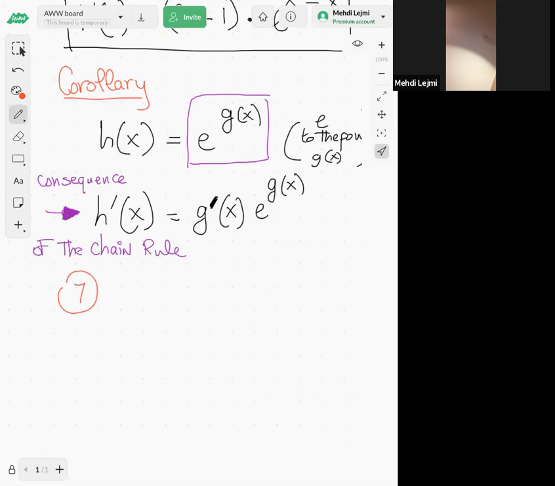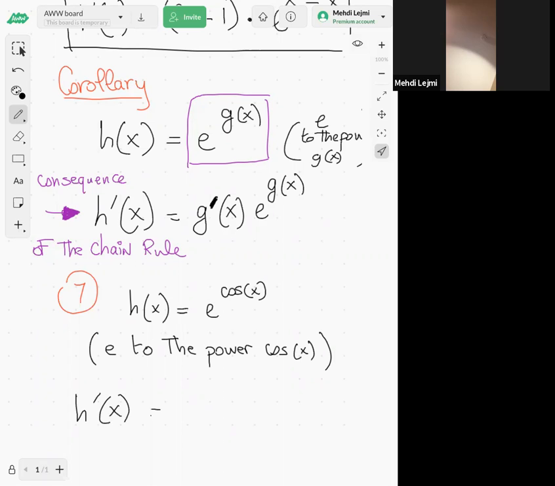So let's say you have h of x equal to e to the power cosine of x, right? So here again, the power is cosine of x. Let's say you want to compute h prime.